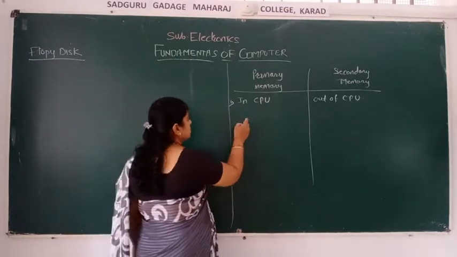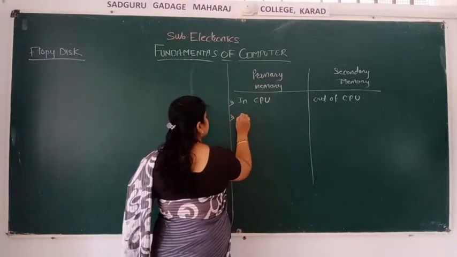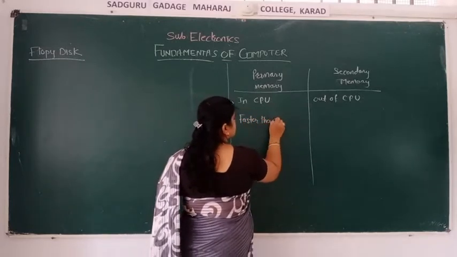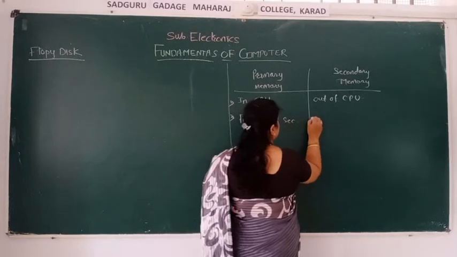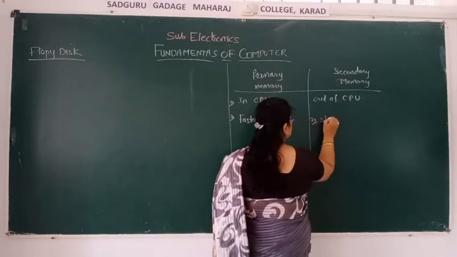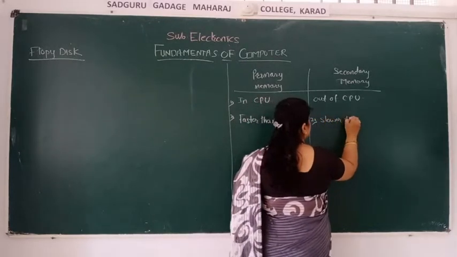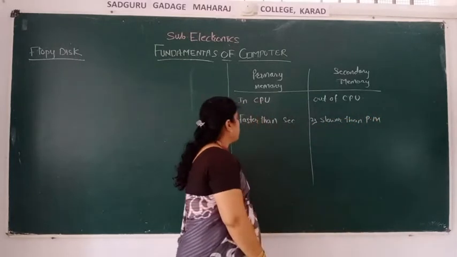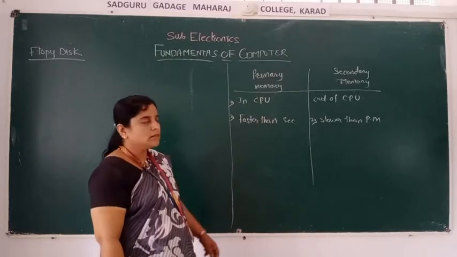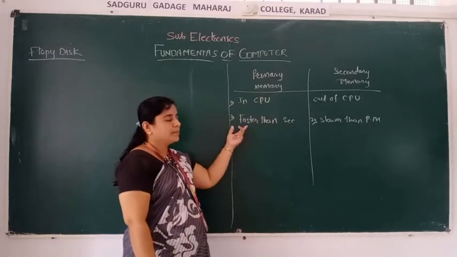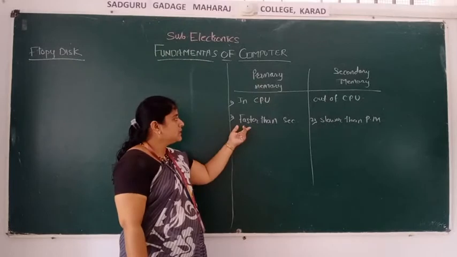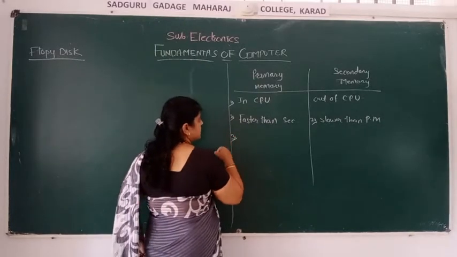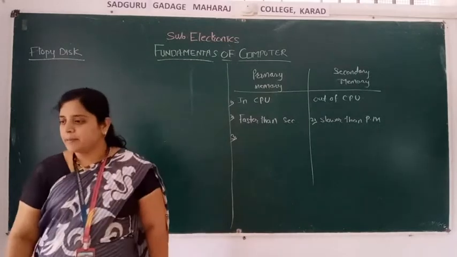Primary memory is faster than secondary memory, and secondary memory is slower than primary memory.